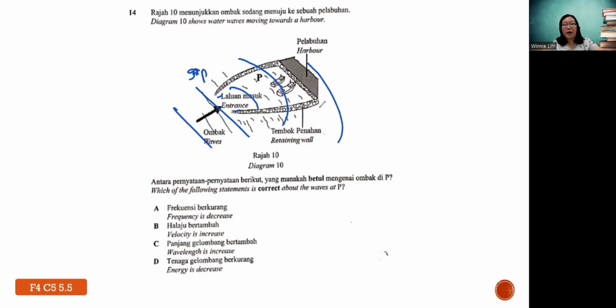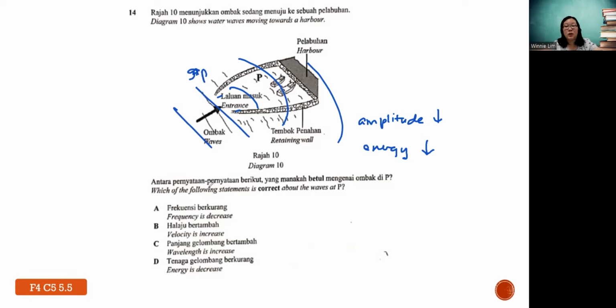When they spread, the amplitude of the wave will decrease. If amplitude decreases, energy also becomes less. Due to this factor, the boats parked in the harbor will be safer, because the wave, which is very strong, has had its energy level reduced.